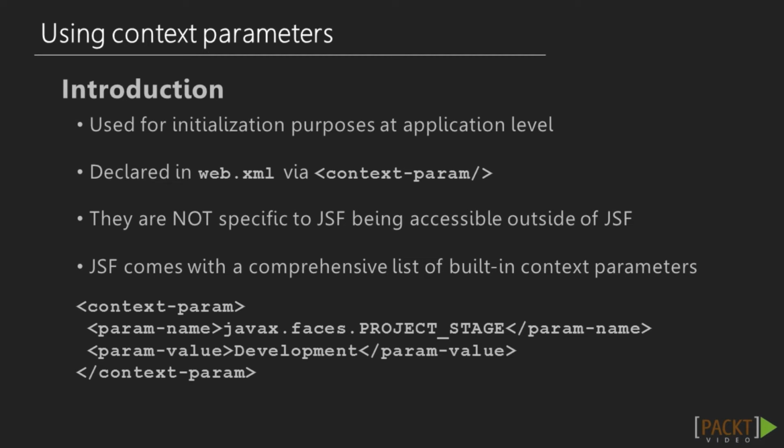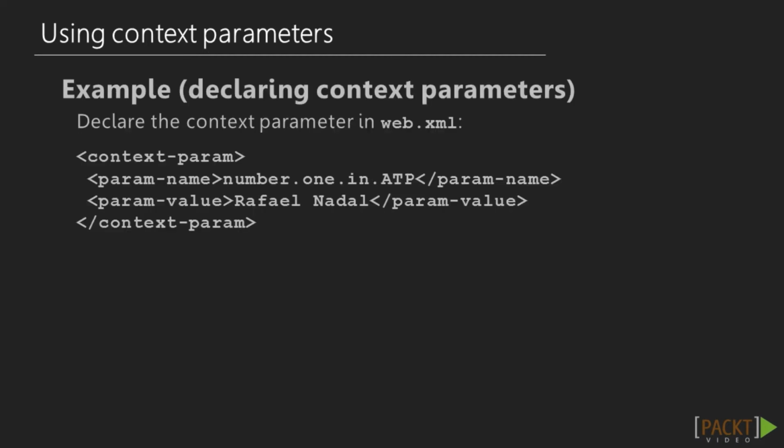For example, JSF comes with a list of built-in context parameters that can be used to fine-tune the JSF environment. Here you can see the project stage context parameter, which allows us to specify if our application is in production or development stage. For example, a user-defined context parameter looks like in the following code.